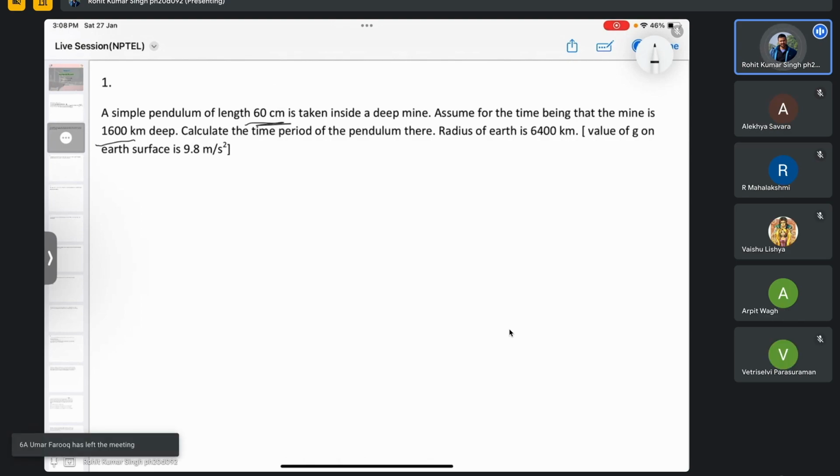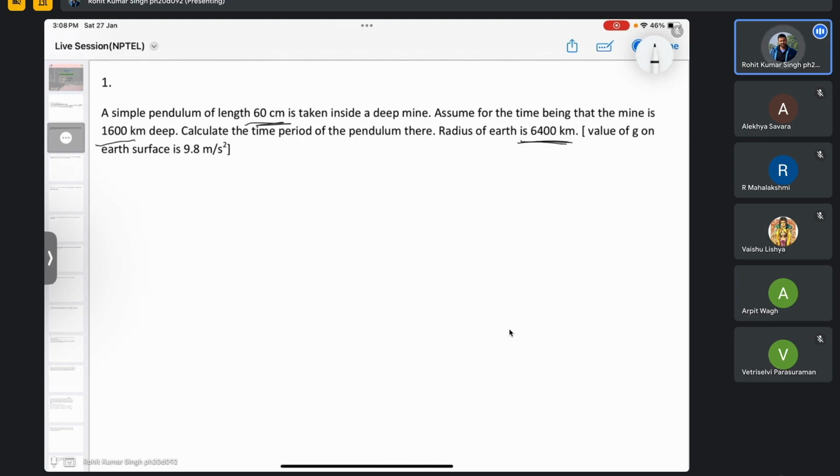So you have to calculate the time period of the pendulum when it is taken 1600 kilometer deep inside the mine. And the radius is given here, which is 6400 kilometer.